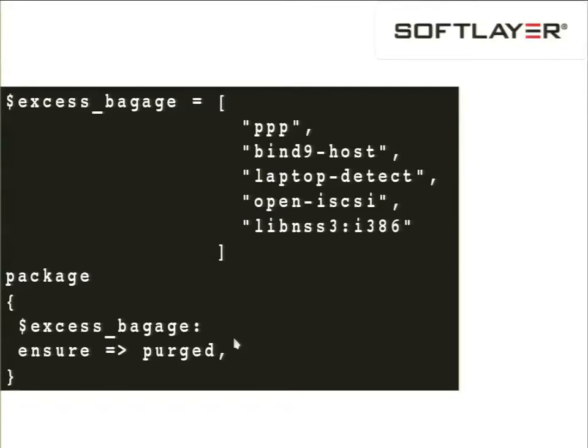One other use that we make of Puppet is to fine-tune the server templates that we get from our providers. So our main hosting provider is Softlayer. That's where we have most of our servers.